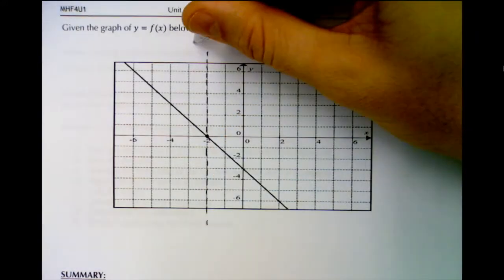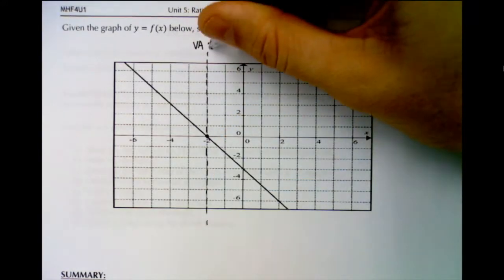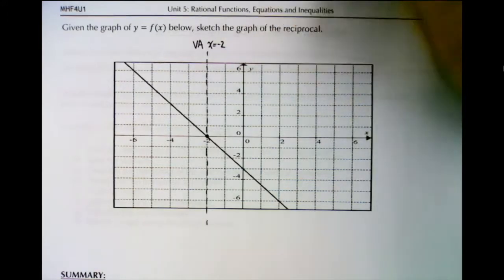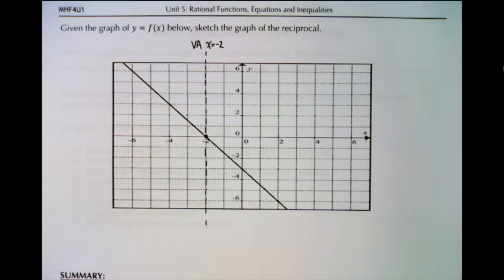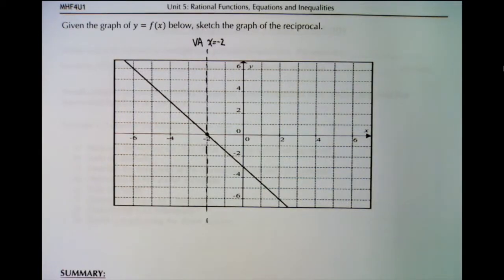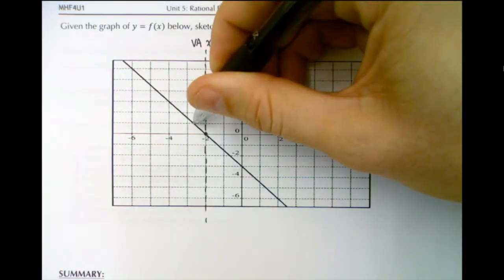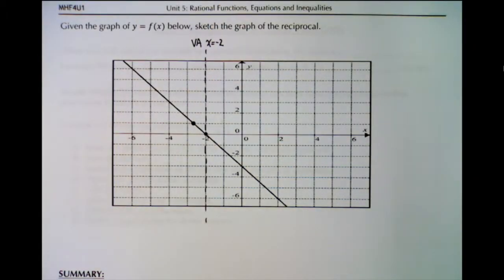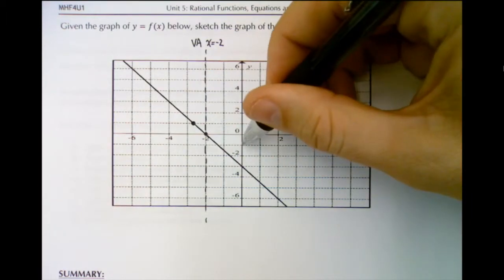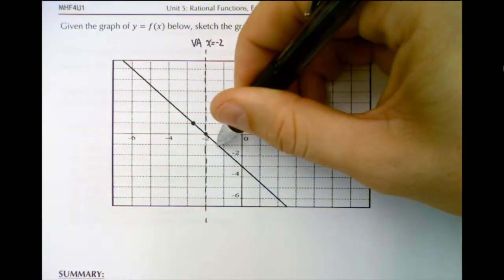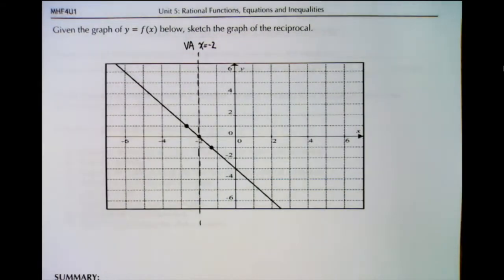So we'd have a vertical asymptote at x equals negative 2. Also, we know we're going to have shared points when y is 1 and negative 1. So that means when y is 1, right here on our original graph is also going to be a point on our reciprocal graph. Same over here at negative 1. Negative 1 on f of x is going to be a shared point for g of x.